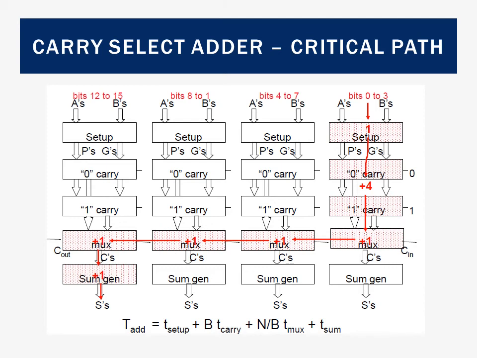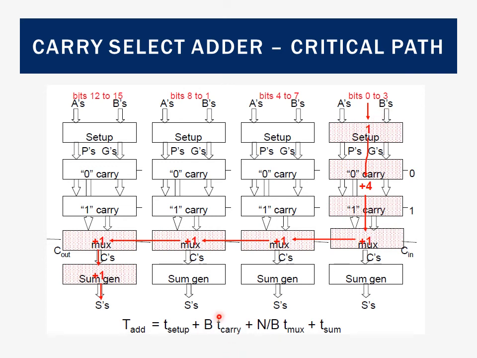Okay. Now what is the T add formula, or the propagation delay? It comprises T setup, because this needs to be calculated. As I told you, first is the ripple carry adder, so first it needs to be carried out through the ripple carry adder, and therefore B means the number of bits, that is 4 bits here.